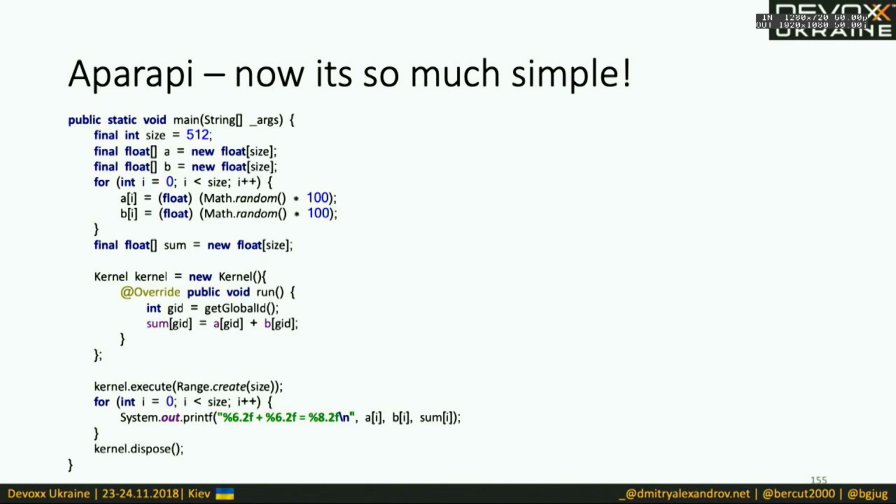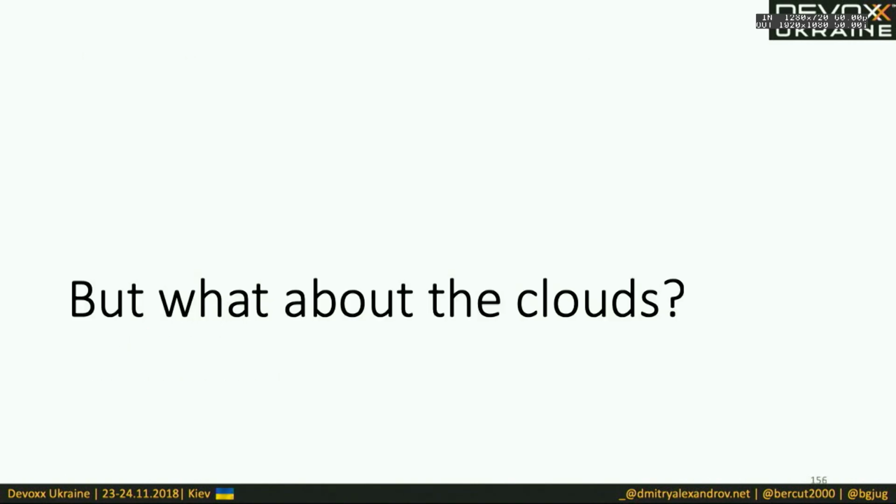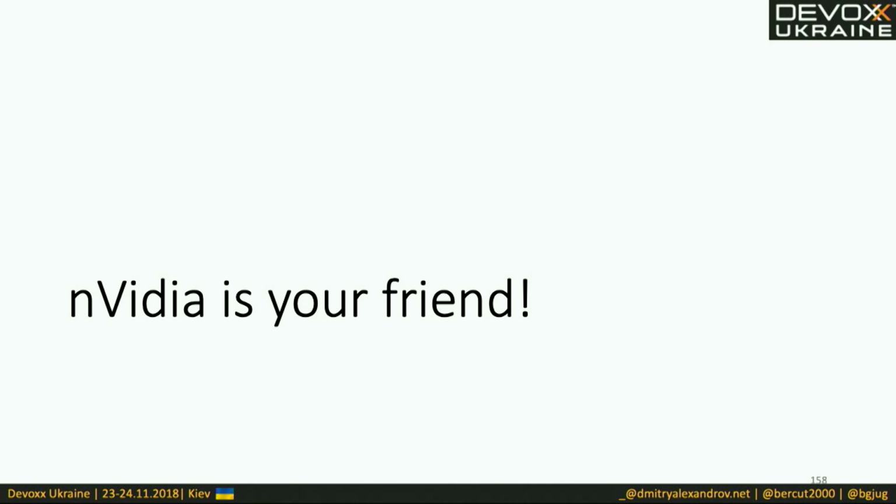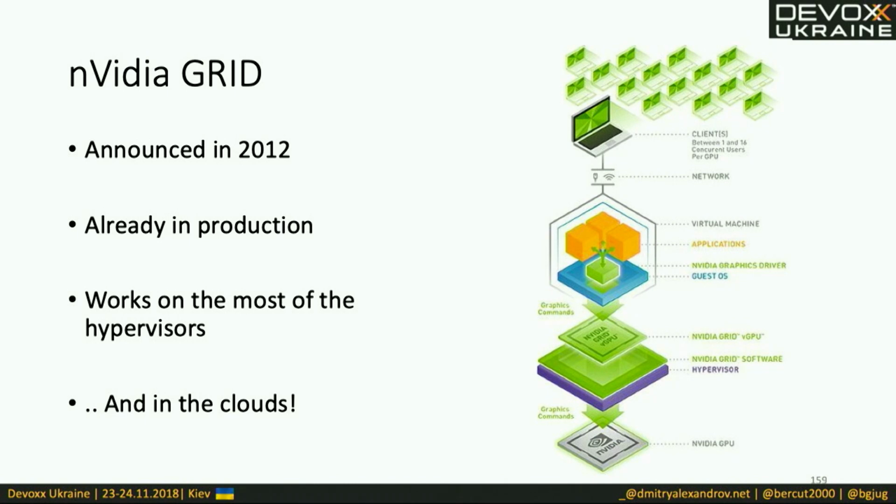Minutes left. And of course, what about the clouds? This is a typical paradigm. Everything runs in the clouds. If it's not in the cloud, nobody will buy your software. And Nvidia is a very good friend of ours, as it created this wonderful technology called Nvidia Grid, which is a way to virtualize our GPUs and provide them from the clouds.